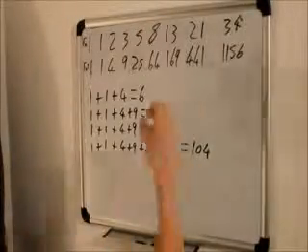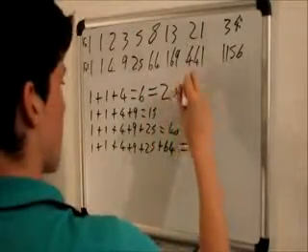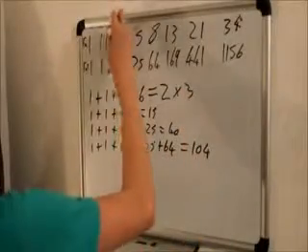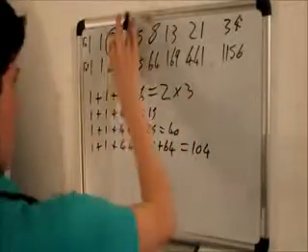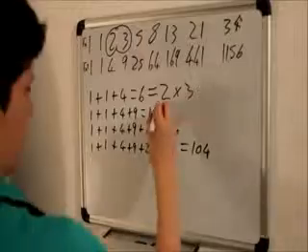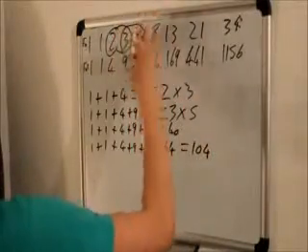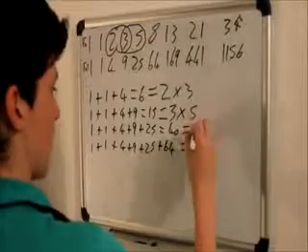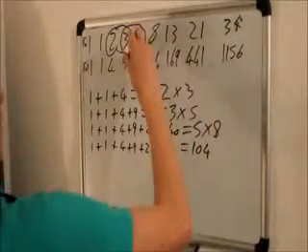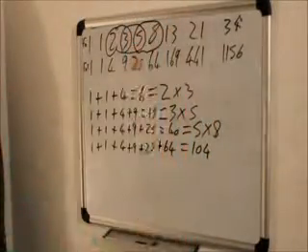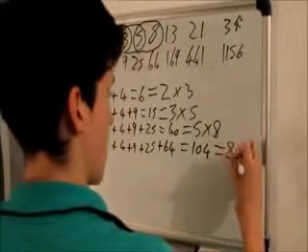And if you look at the top row, that 6 equals 2 times 3, and then 15 equals 3 times 5. And then 40 equals 5 times 8. And the pattern continues like that.